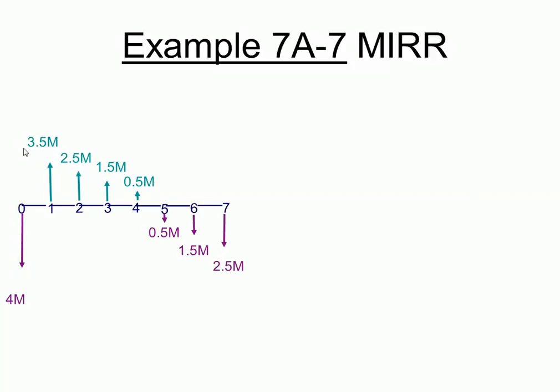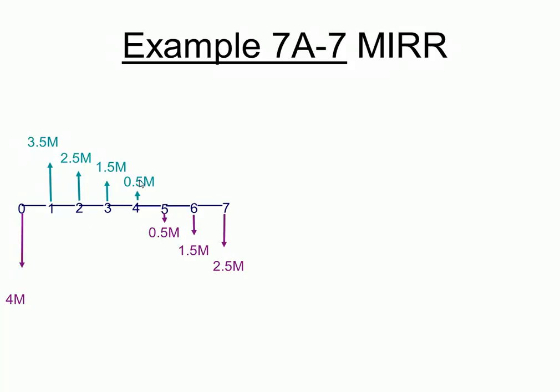You have already seen this cash flow diagram. Again, there are two different sign changes, one between period 0 and 1, and another between 4 and 5. So we can apply the modified internal rate of return calculations. Using that, all of the expenses, which include this one, and also the expenses during 5, 6, and 7, are moved to the present.